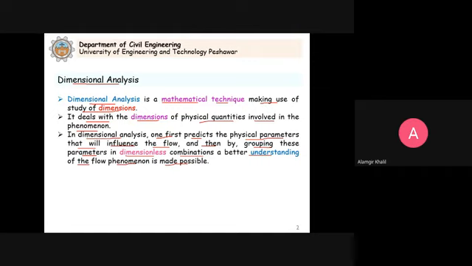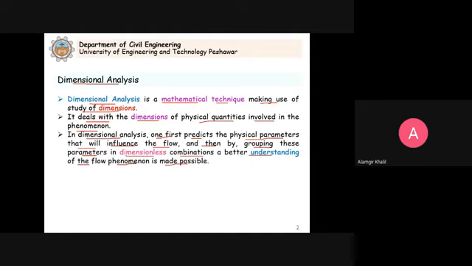So that's why I told you before that dimensional analysis or similitude, these are conceptual topics. If your concept is not clear, then there are high chances that you will make a mistake. You must have a good understanding of the fluid phenomena. Only then you can apply these methods to achieve the required objectives.